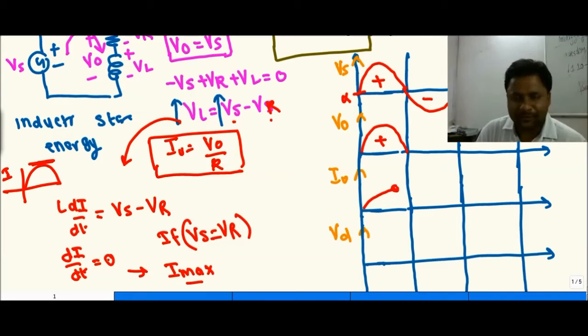At this point the inductor is fully charged, and after this the inductor is going to release its energy.